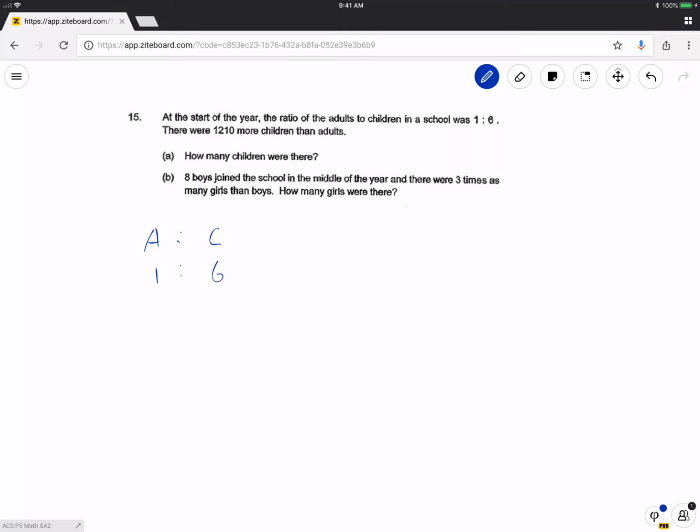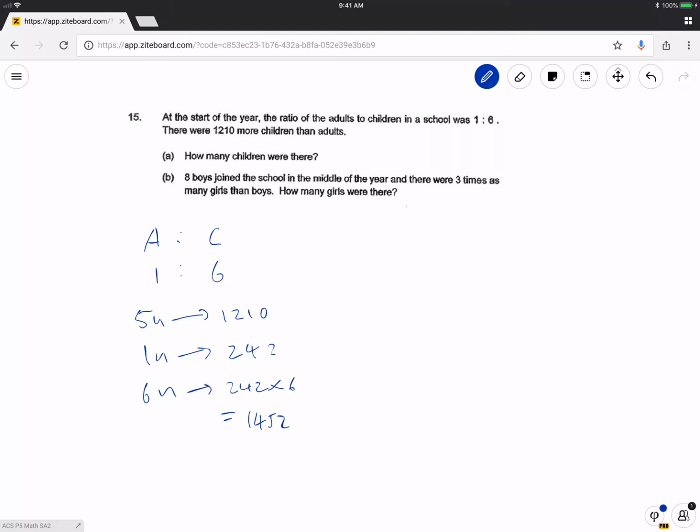So the 5 units represent 1210, so 1 unit is 1210 divided by 5, which is 242. How many children were there? 6 units. It's 242 times 6, 1452.